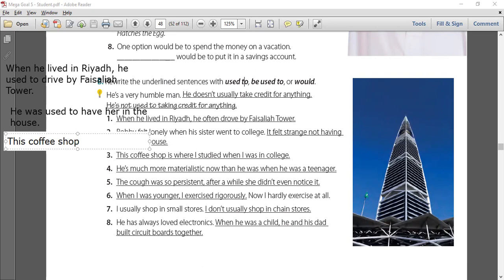I used to study in college. Is where, when I was. You're so sleepy, Jude. No, it's okay. This coffee shop is where, please sleep at night, is where I used to study when I was in college.